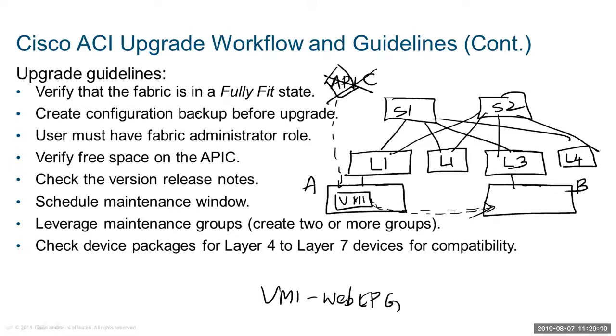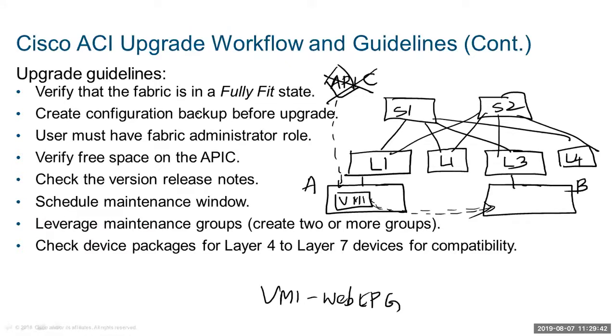Sure, it's not running a routing protocol, and no data traffic flows through it. But if I have a switch which says deny everything, how does it know what is to be permitted? Because the APIC has to push policies to it. If the APIC is not there, it will not push policies.